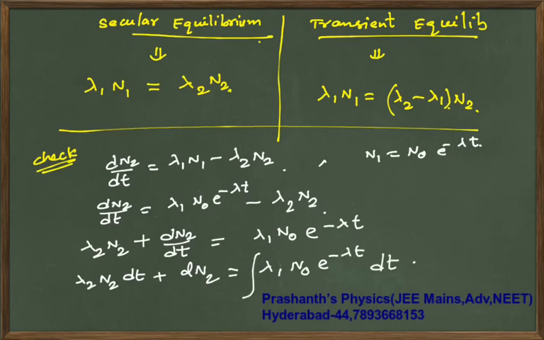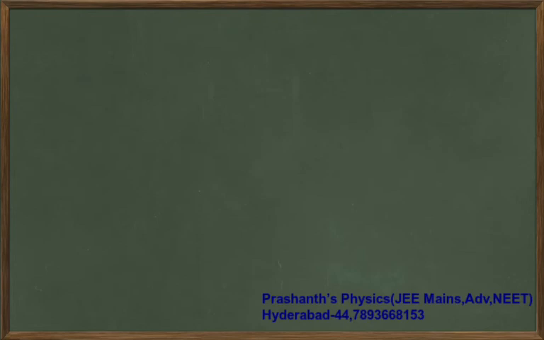So you integrate this side and this side. At t equal to 0, n2 is equal to 0. After time t, let us say it is some n2. From here you solve the equation. Those who are good in maths, you will just do it, or else end result from chemistry you mark it up. Okay, so that's all. Now next, let's continue further.